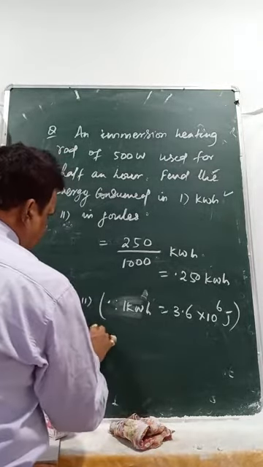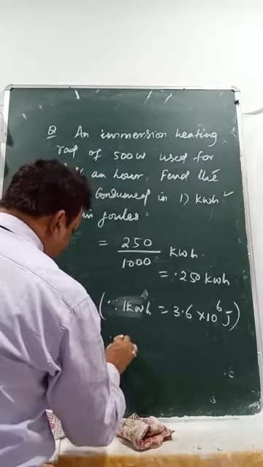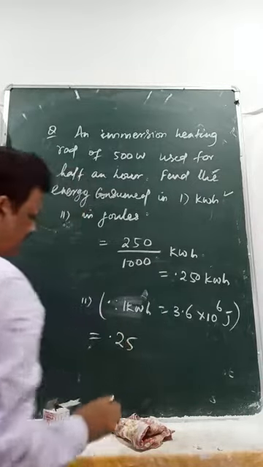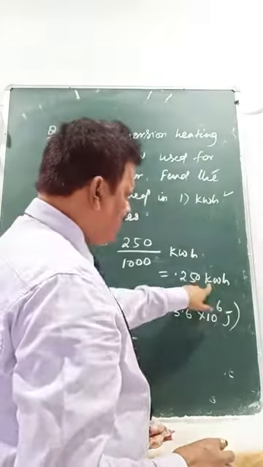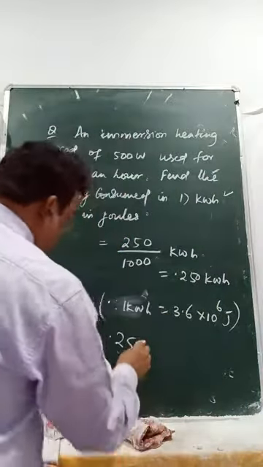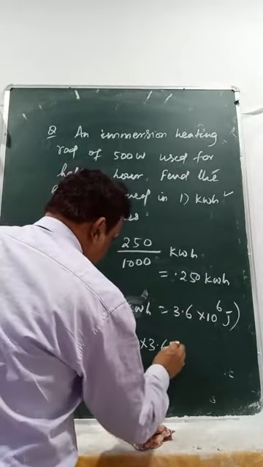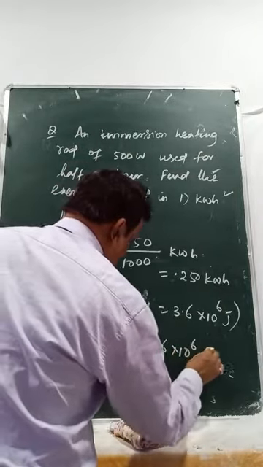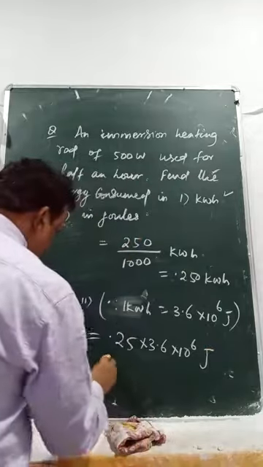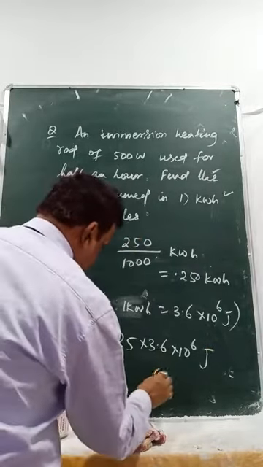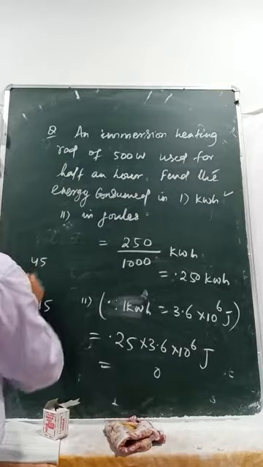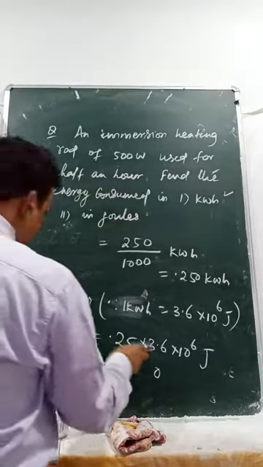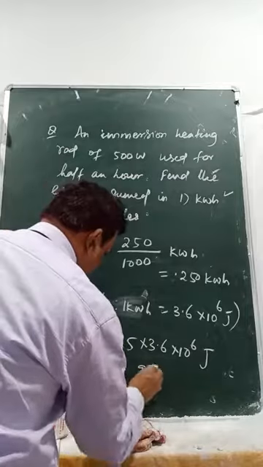Now 0.25, because this 0 has no value. 0.25 kilowatt hour, you write 3.6 into 10 to the power 6, that is in joule. So 25 into 36 is 900.